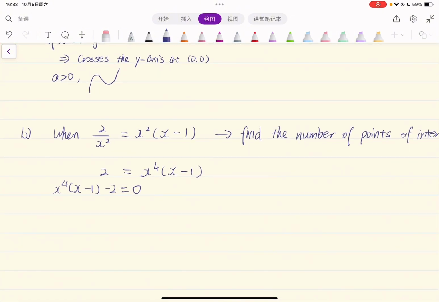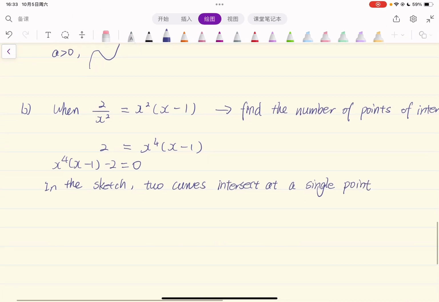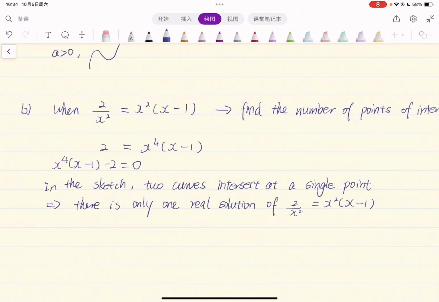It means that in the sketch, the two curves intersect at a single point, which means there is only one real solution of 2 over x squared equals x squared times (x minus 1).